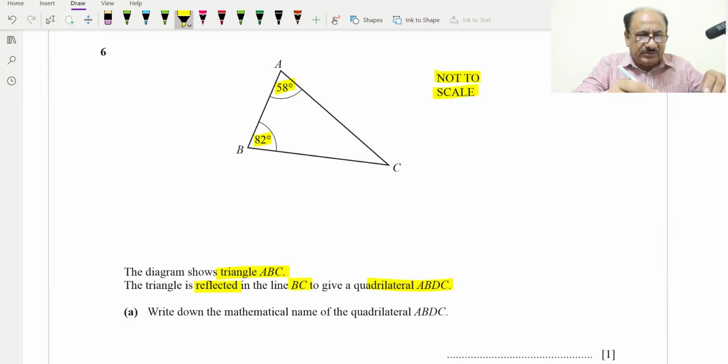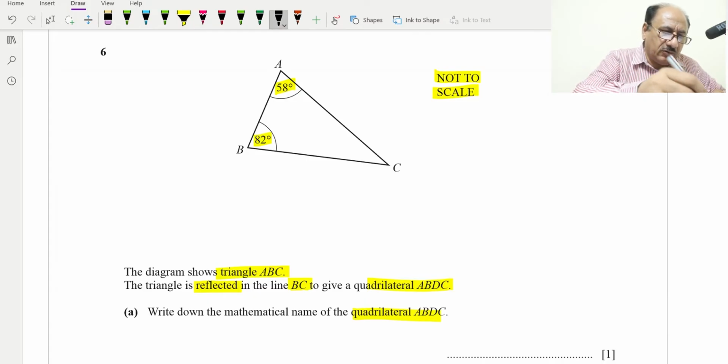So the BC line is this one, so we have to basically reflect it. So the reflection of this will be like this one. They are saying write down the mathematical name of the quadrilateral ABDC.